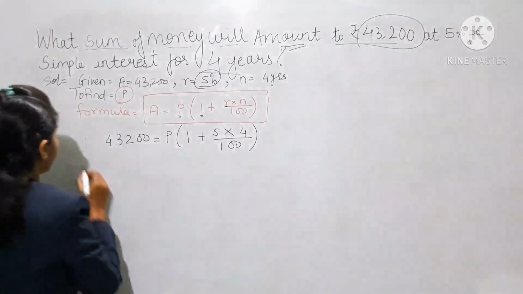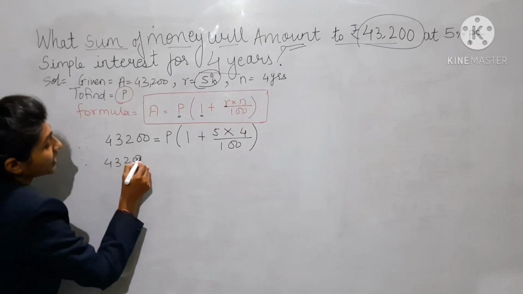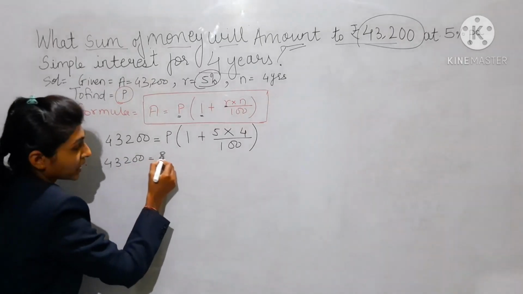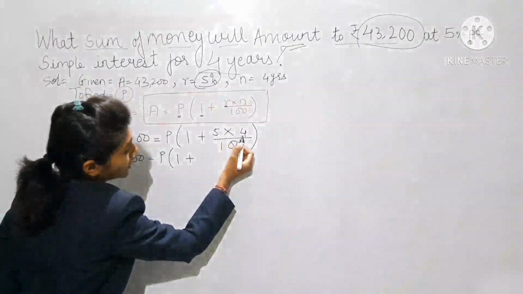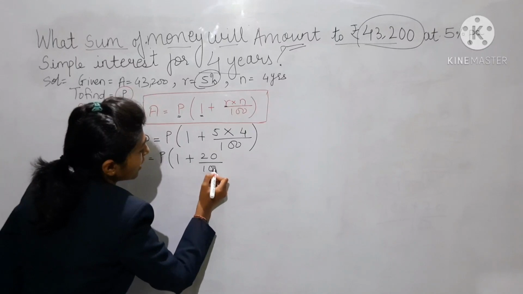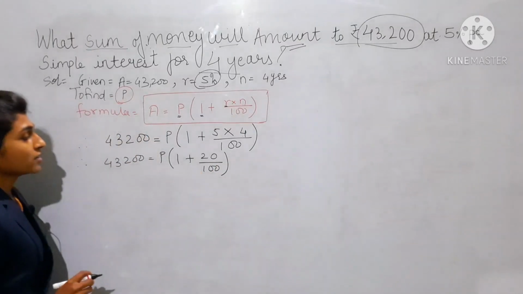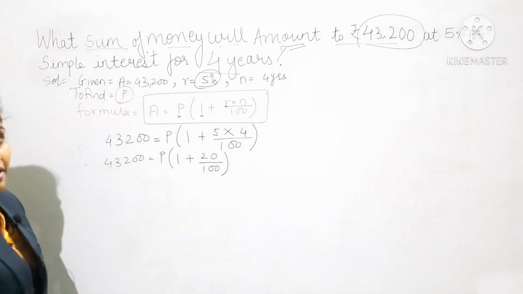Therefore 43,200 equals P into 1 plus 5 into 4, 20, divided by 100.